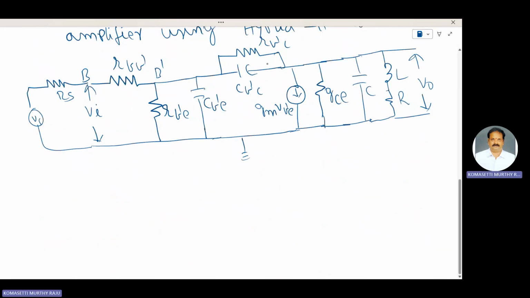These CB dash C and RB dash C are connected to both the input side as well as the output side. Miller's theorem is used to replace these two.